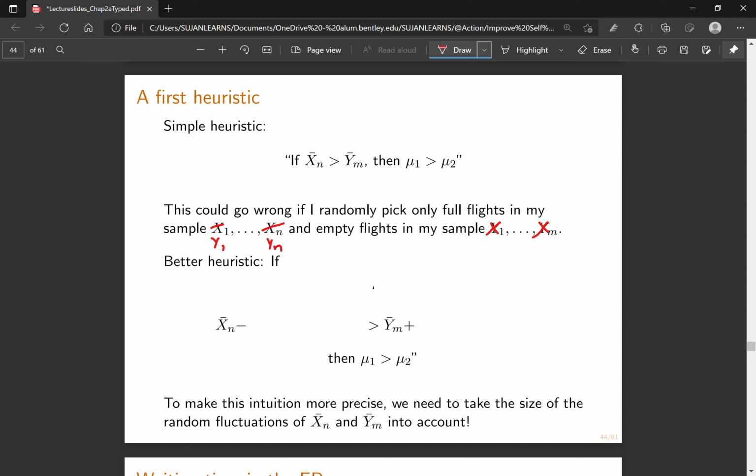Then at that time mu1 will not be larger than mu2, or in fact it may be the case that mu2 will be larger than mu1, because mu2 represents the expected mean of y, which is full flights.